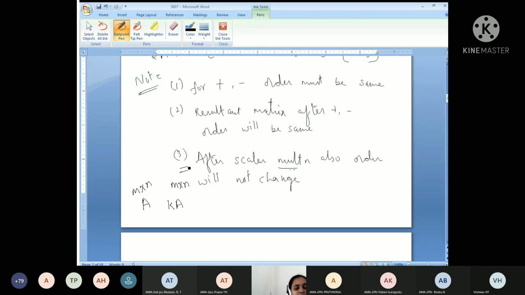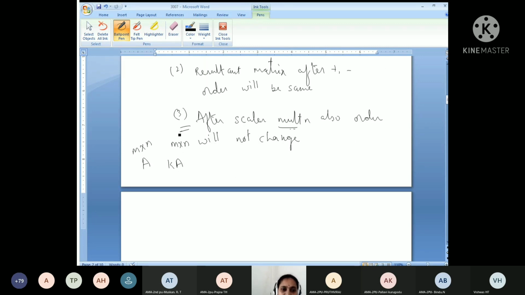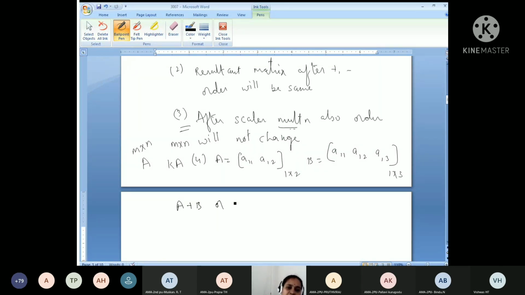Are you understanding? Okay, that much I did yesterday. One more point I want to tell, the fourth one. If the order of A and B are different, then matrix addition is not possible. If A is A11, A12, order 1 by 2, and B is A11, A12, A13, order 1 by 3, here A plus B or A minus B is not possible.